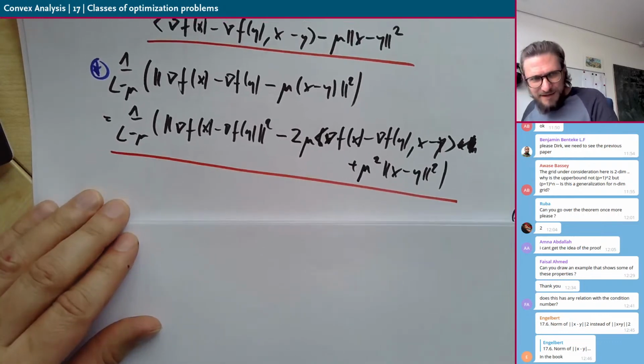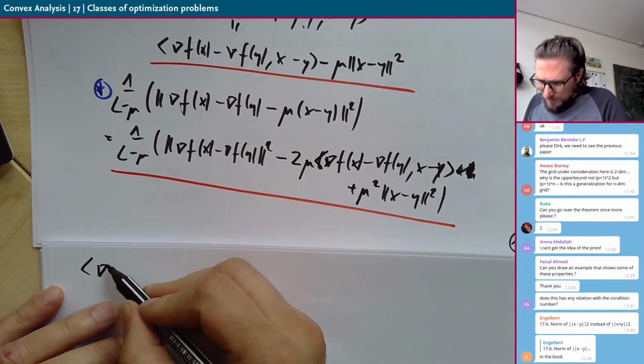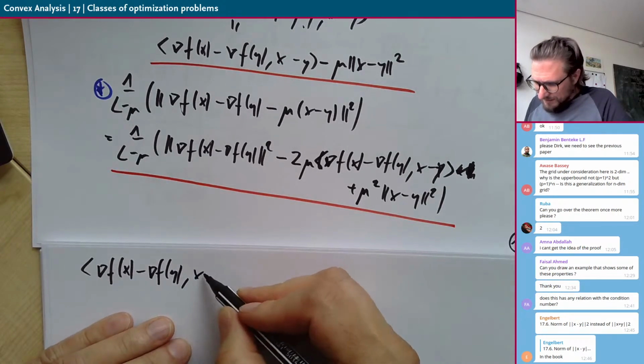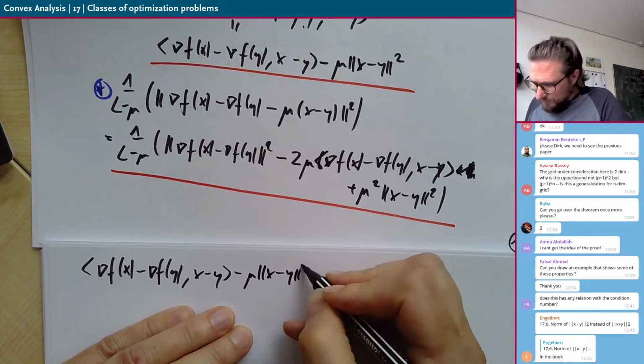So on the left-hand side, we have gradient f of x minus gradient f of y times x minus y minus mu times norm of x minus y squared.